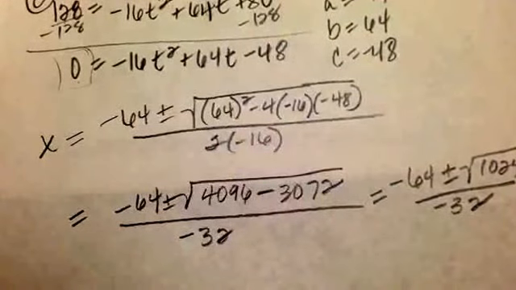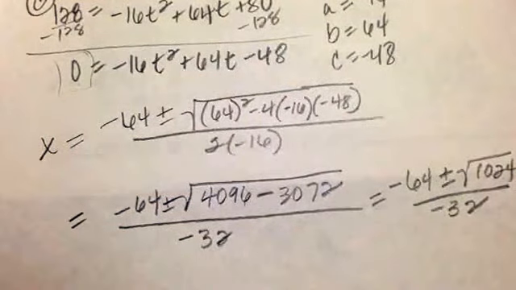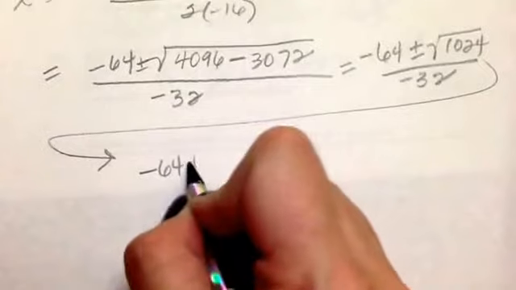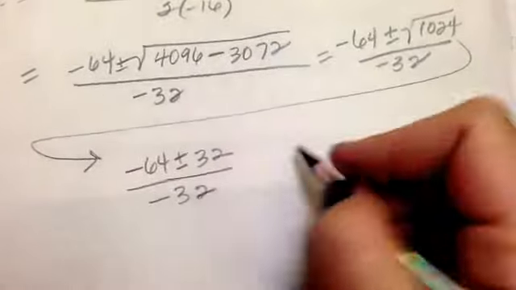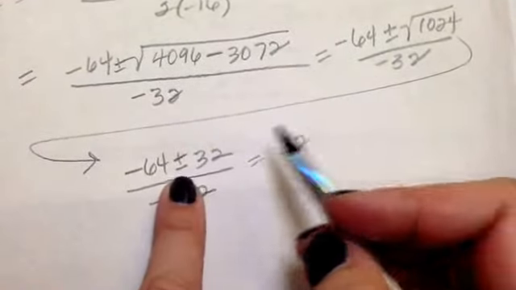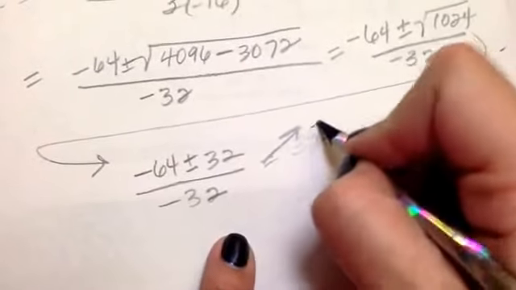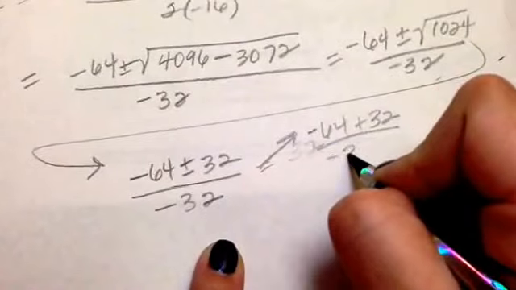Finishing up here, 1024 is the perfect square of 32, so I'll come back over here. Negative 64 plus or minus 32 all over negative 32. Two ways this could go: negative 64 plus 32 all over negative 32.